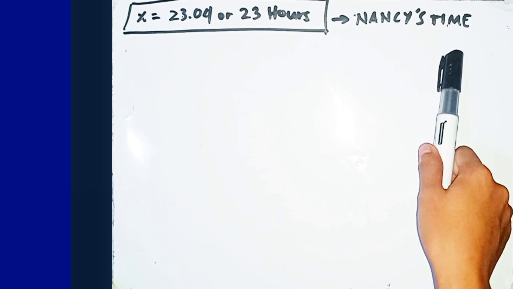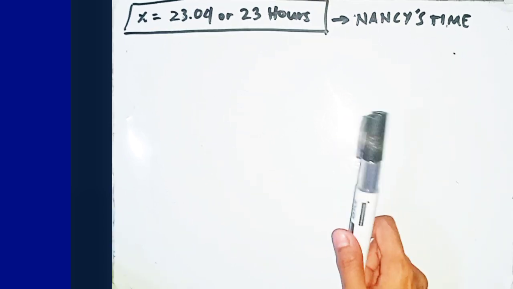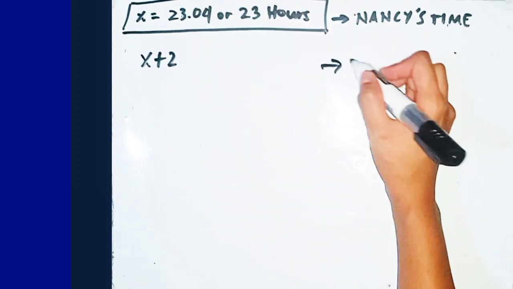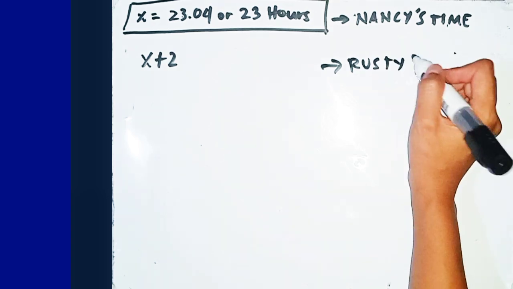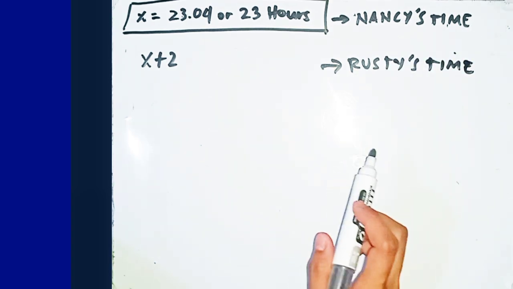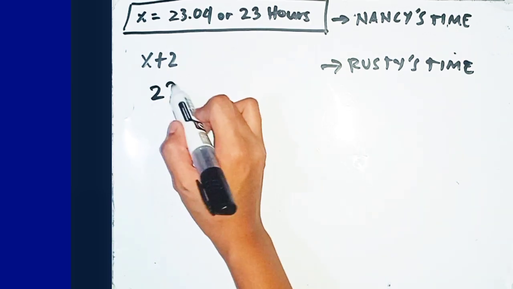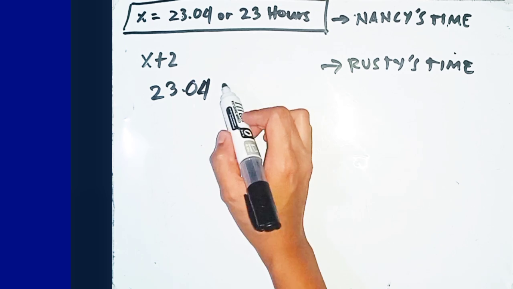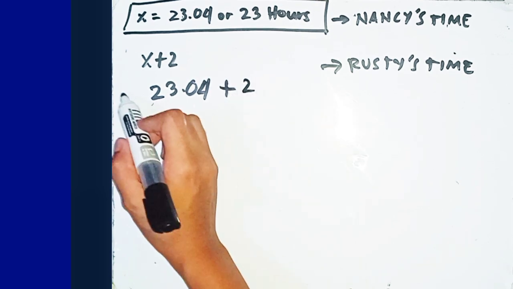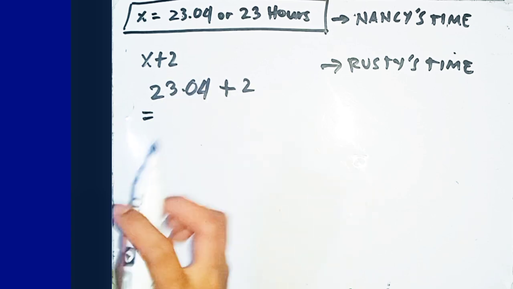Okay, so now 23.04 or 23 hours, that would be Nancy's time. To get Rusty's time, you will be having x plus 2 earlier, and that would be Rusty's time. So let us just substitute 23.04 or 23 hours plus 2 hours.